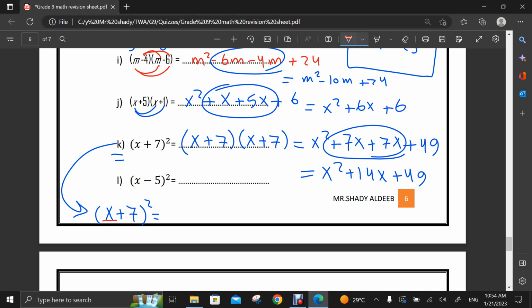First thing that you find the square of first term, which is x squared, and the square of second term here, which is positive 49, but I'll write it here. And then in the middle, I will multiply first term times second term times 2. So x times 7 is 7x, then times 2, which is positive 14x. So I write positive 14x in the middle.